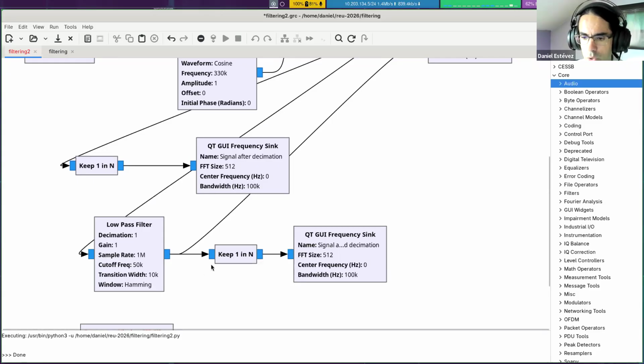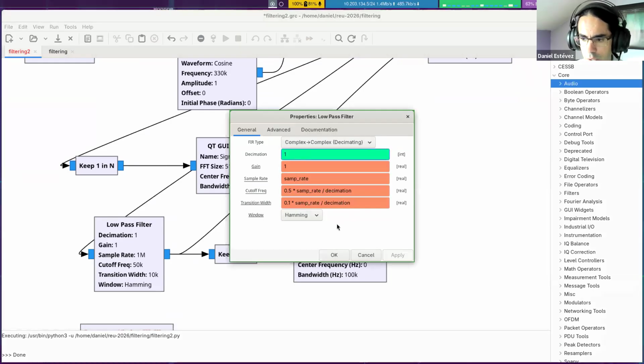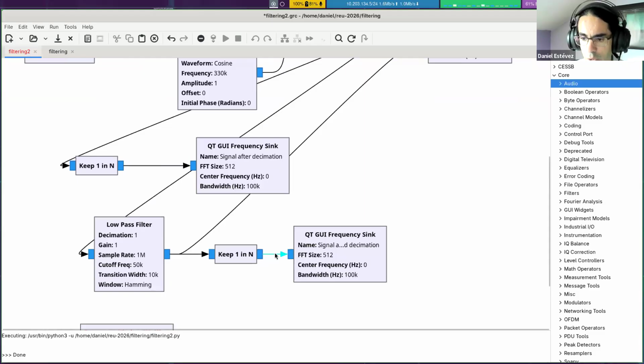Maybe this is a good point to mention that if I use the decimation here, the output I get is equivalent to these two blocks.